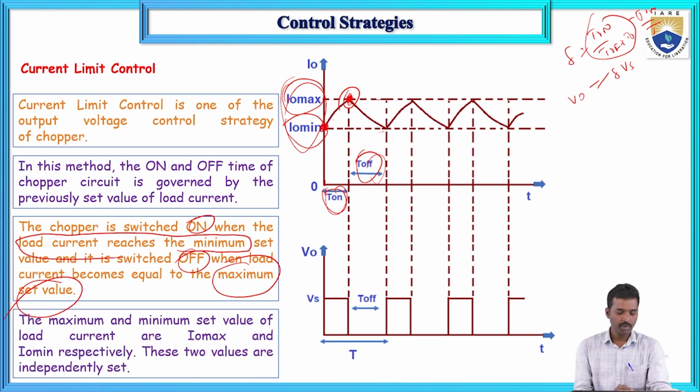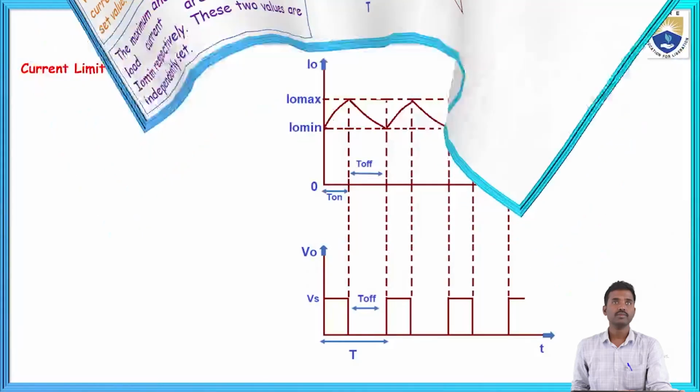The maximum and minimum values are the load currents, that is, I naught maximum and I naught minimum respectively. These values are independently set values.